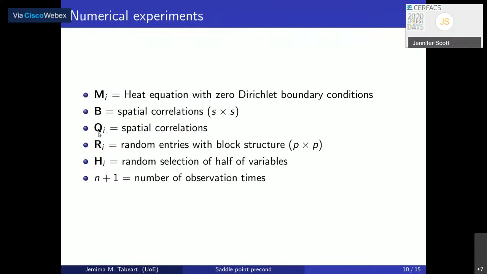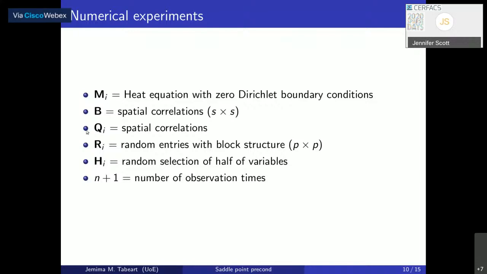And R is going to have a block structure with more random entries. And I'll maybe explain a bit more about that later. But importantly, it's going to have significant information away from the diagonal. And then I'm going to observe half of the variables every time, but it's going to be random which ones I observe.